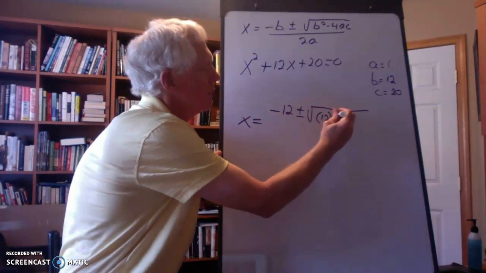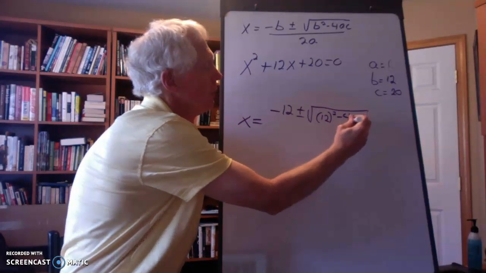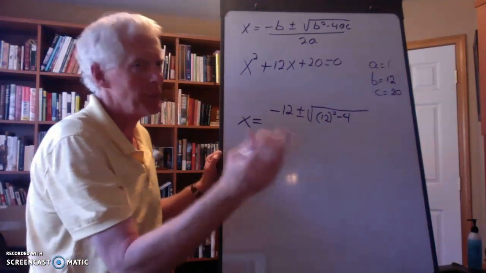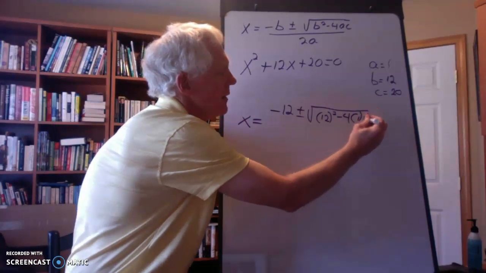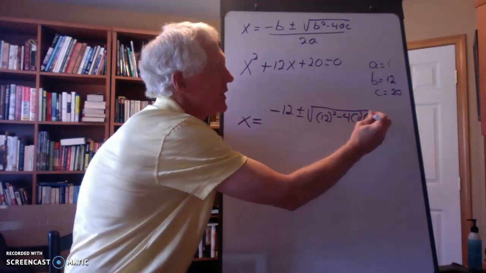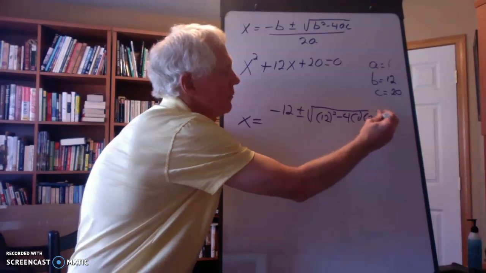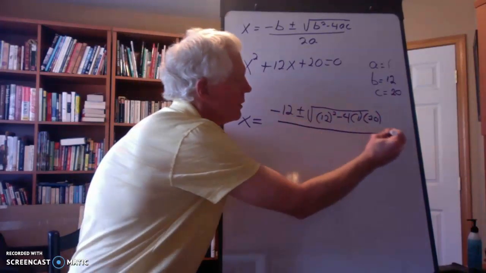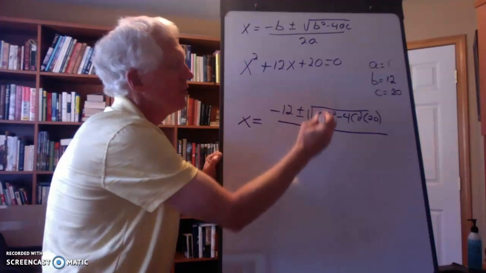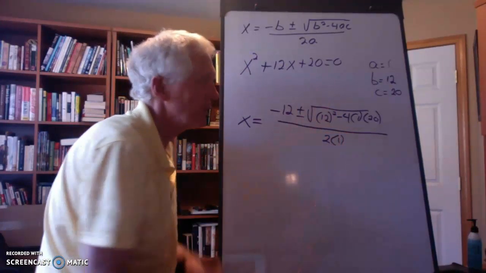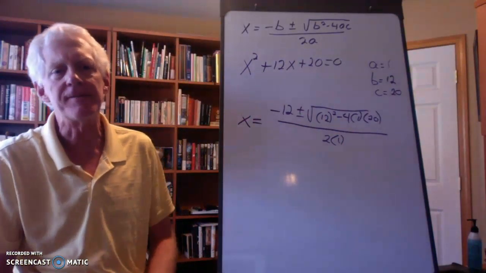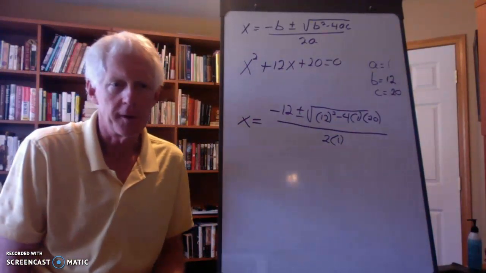B squared minus 4a times 1, 4a and c is 20, all over 2 times a, which I'm going to write as 2 times 1. So that's my formula. I've plugged in the values to the quadratic formula to find x.